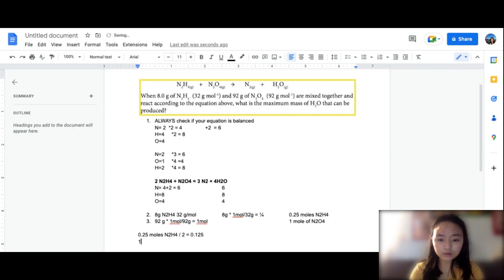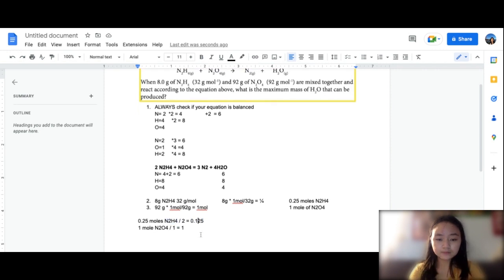Let's do it for this N2O4. Divided by the coefficient 1 here, and we get 1. So out of these two numbers, this one is the smaller number, which means that N2H4 will be used up the quickest.